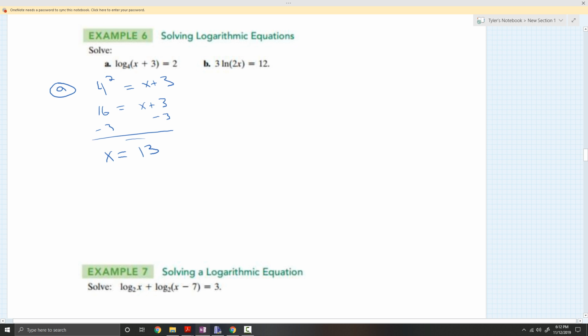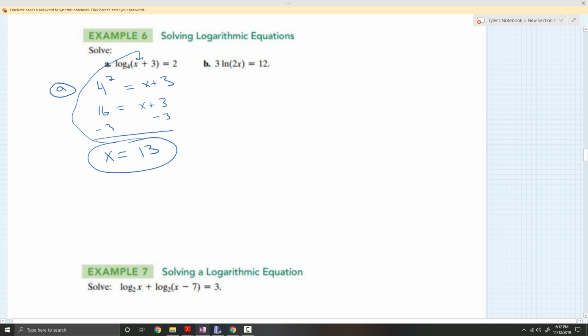13. And just like you've learned all throughout algebra, we can take x equals 13 and plug it into the logarithm and check our answer.